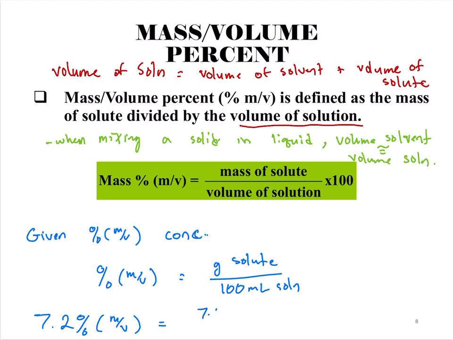It would be 7.2 grams of solute per 100 milliliters of solution. Right, so that's how we use the value of the concentration there. All right, any questions on that?